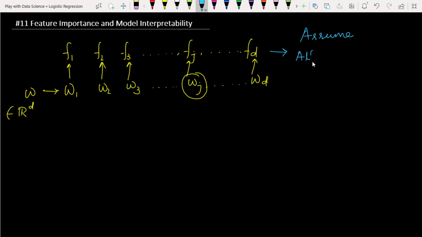Let's first assume it. This assumption is also made in the naive Bayes classification model. This assumption is already made in naive Bayes classification.